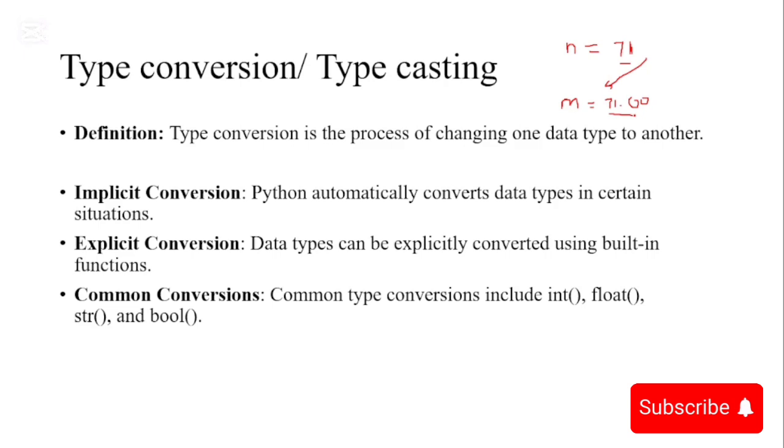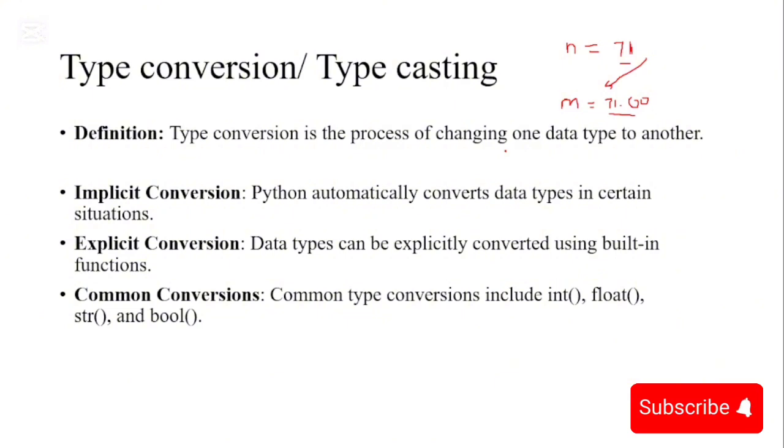So you have different ways that you can do type conversion. We said type conversion is the process of changing one data type to another. So we have implicit conversion and explicit conversion. Implicit conversion is the case where Python automatically converts data types in certain situations.